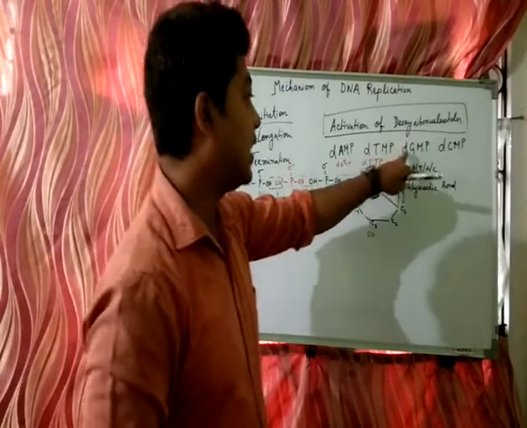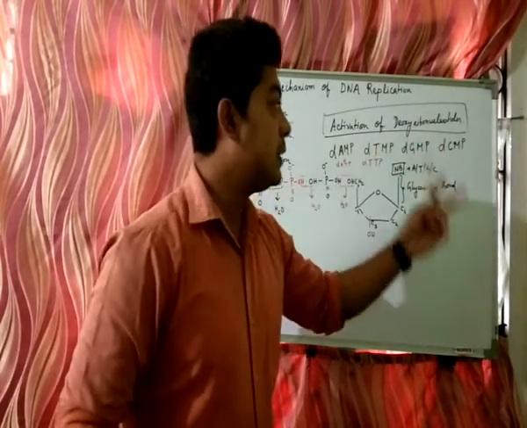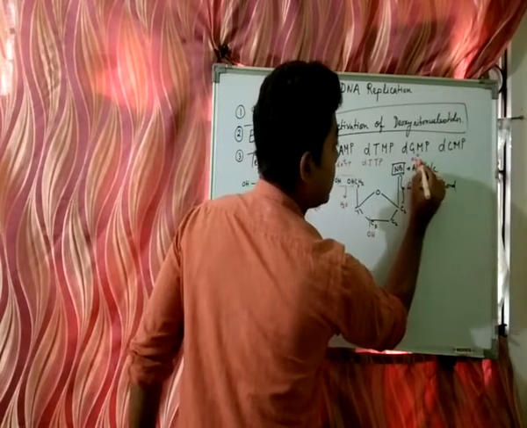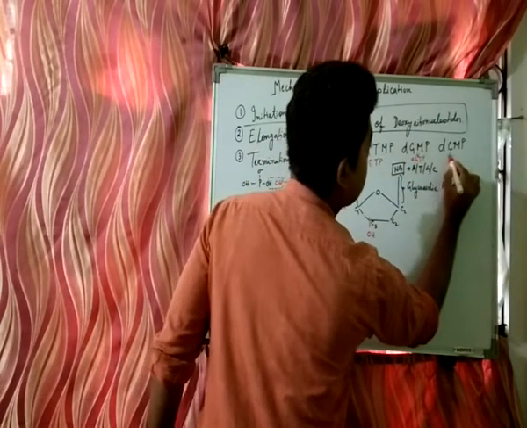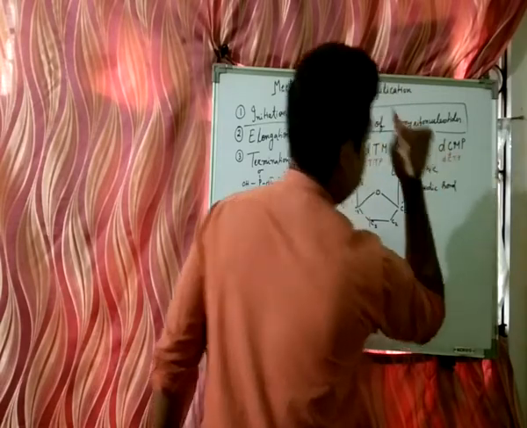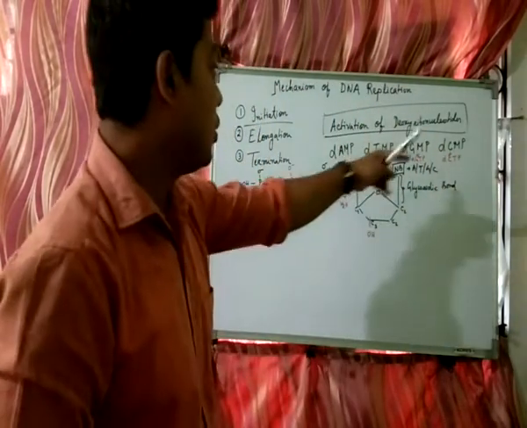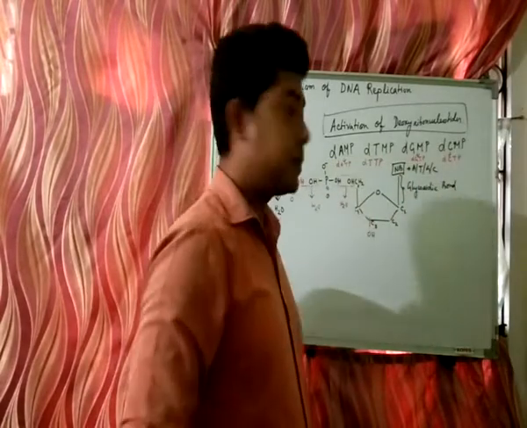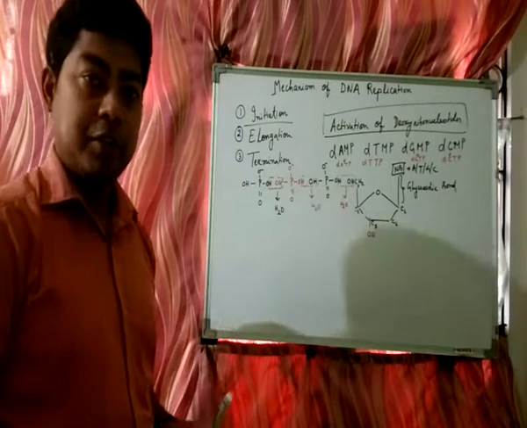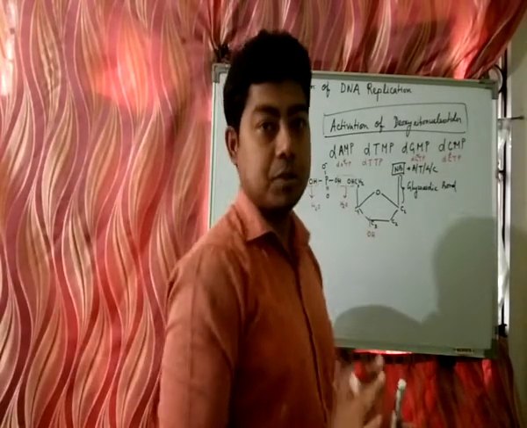Like that, GMP, GTP, CTP: it is also converted to deoxy GTP. This is converted to dCTP. That means all are converted into the triphosphate form. How? In that way, they are joining the phosphate. That is the function of the phosphorylase enzyme.